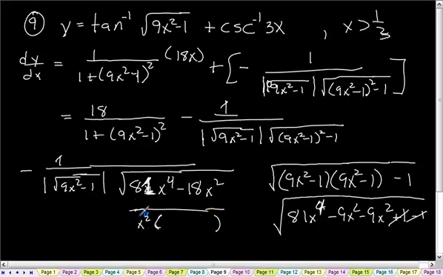If I pull out a 27, inside the parentheses I am left with 3 to the second. No, I can't pull out a 27. I can only pull out a 9.